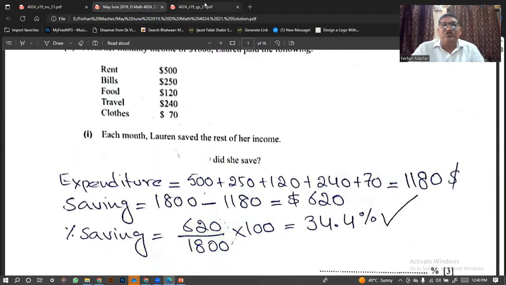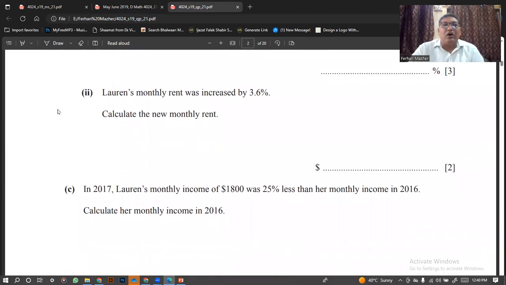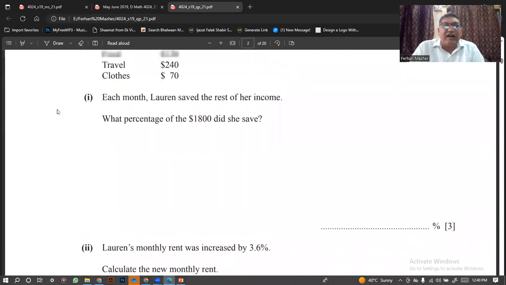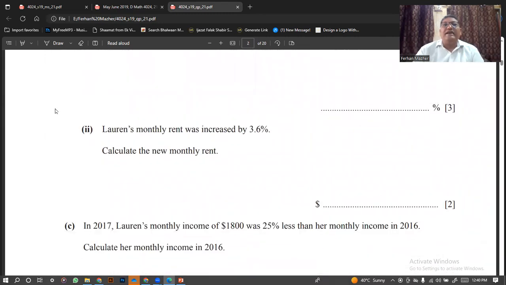This is the solution. Okay, so question number 1B, second part. Lauren's monthly rent was increased by 3.6%. Calculate the new monthly rent. You see, her normal rent is $500. Now it has increased by 3.6%.